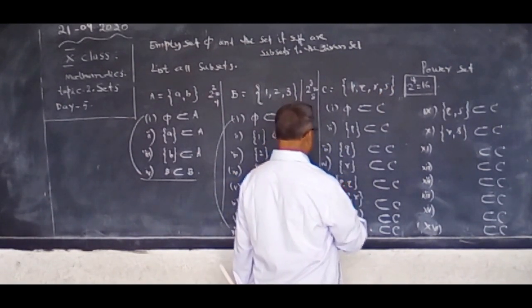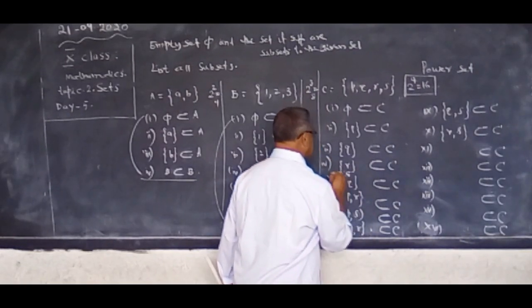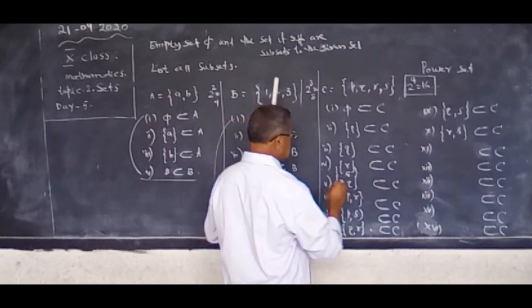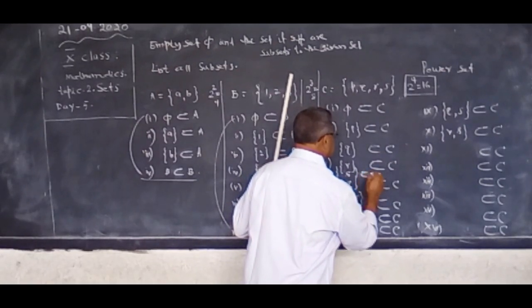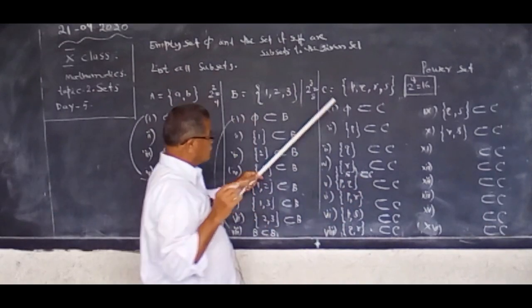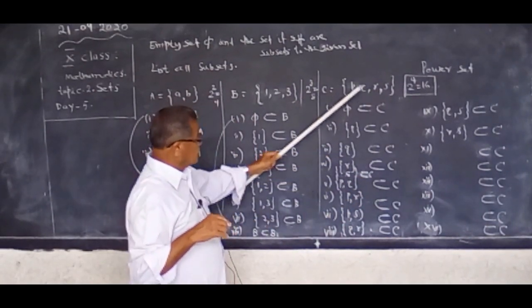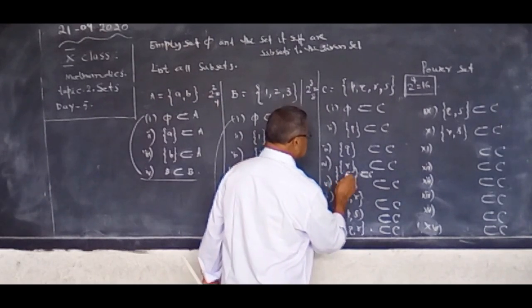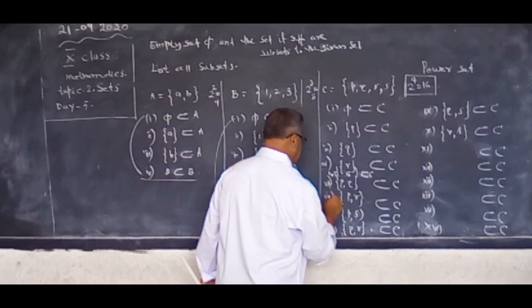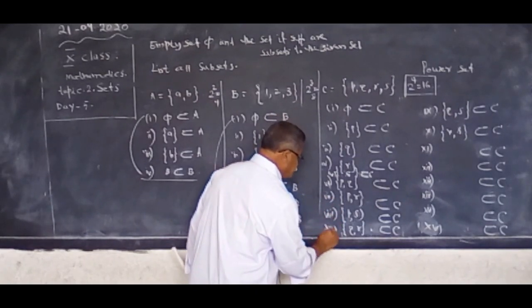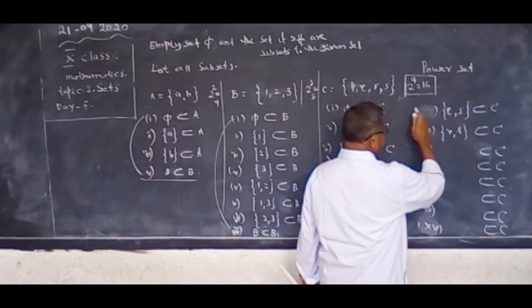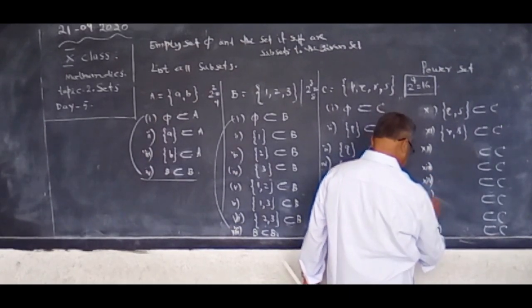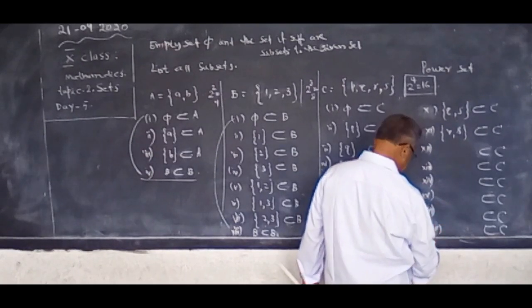S is a subset of C. First ones were P, Q, R, S. Next, this is 5, 6, 7, 8, this is 9, 10, 11, 12, 13, 14, 15, 16.